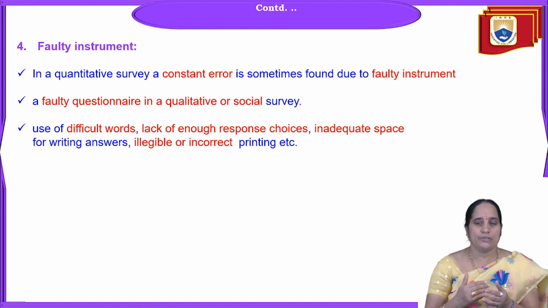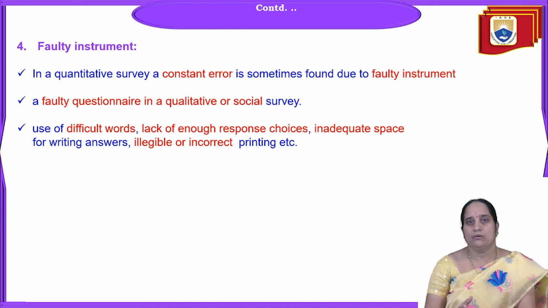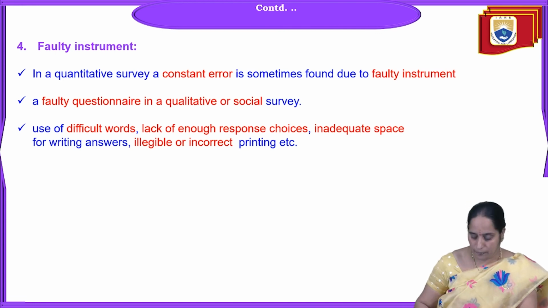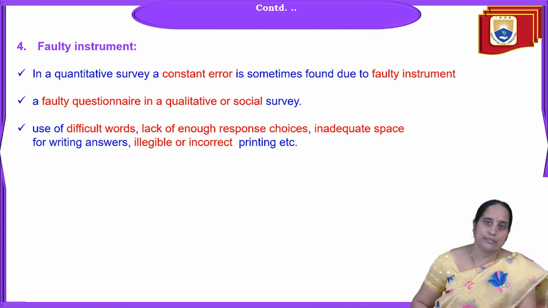You're asking a question, but there is no scope to fill in the space you have provided to the respondent, inadequate space for writing answers, illegible and incorrect printing, etc. All these things come under faulty instrument, and these faulty instruments are also one of the reasons for systematic error.